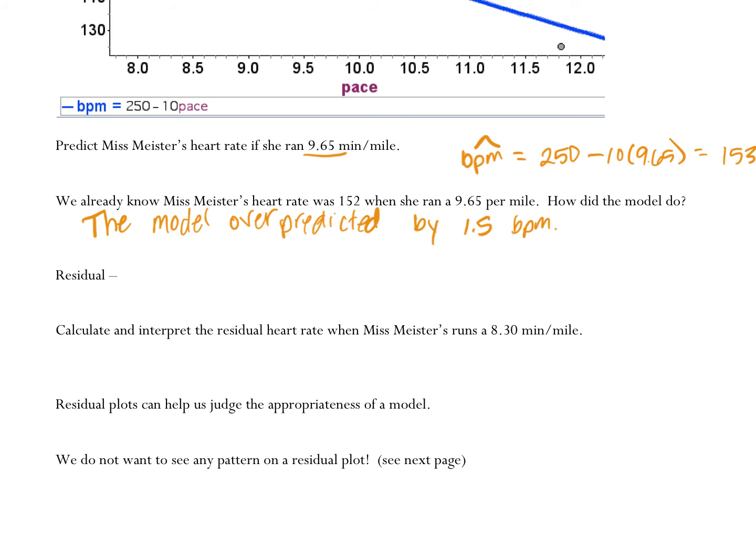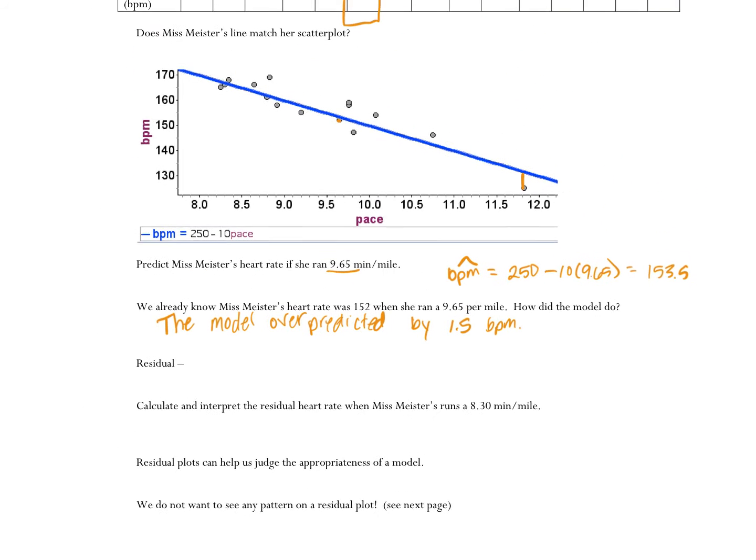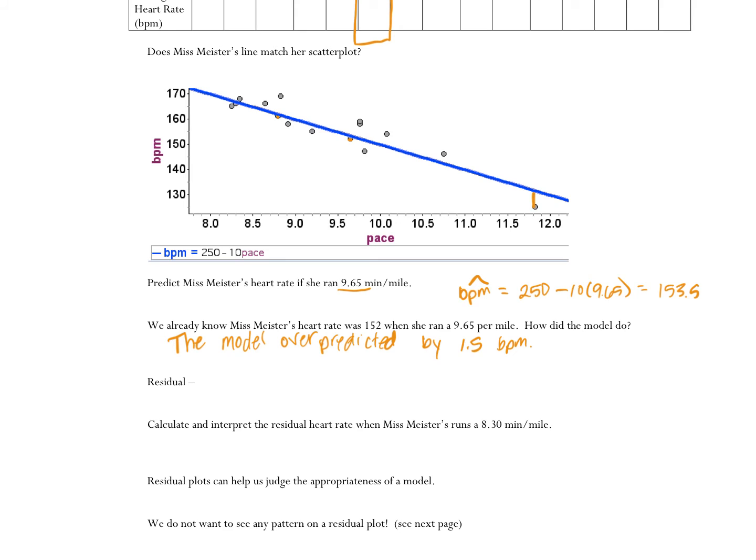The residual for a point is the distance between that point and that predicting line. We might look at this point and say the residual is a little bit larger than the residual for this point, which is practically 0. And the way we calculate the residual is the actual minus the predicted.